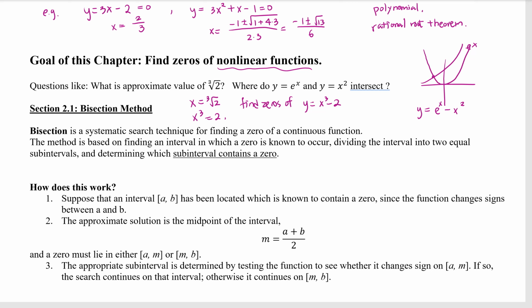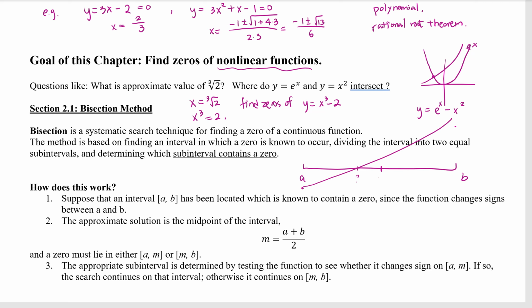Okay, so for example, we have an interval from a to b, right? Let's say f of a is negative, and f of b is positive, right? So if our graph looks like this, we want to find this zero. How we do it is, at each step we cut the interval into 2 equal size subintervals, right?